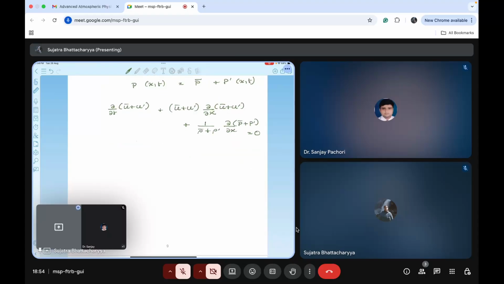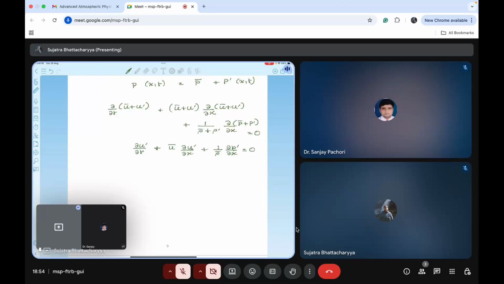This gives you delta u dash by delta t, because u bar is invariant with time and with space. Keep it like this, and you get delta u dash by delta x plus 1 by rho bar delta p dash by delta x equal to 0.